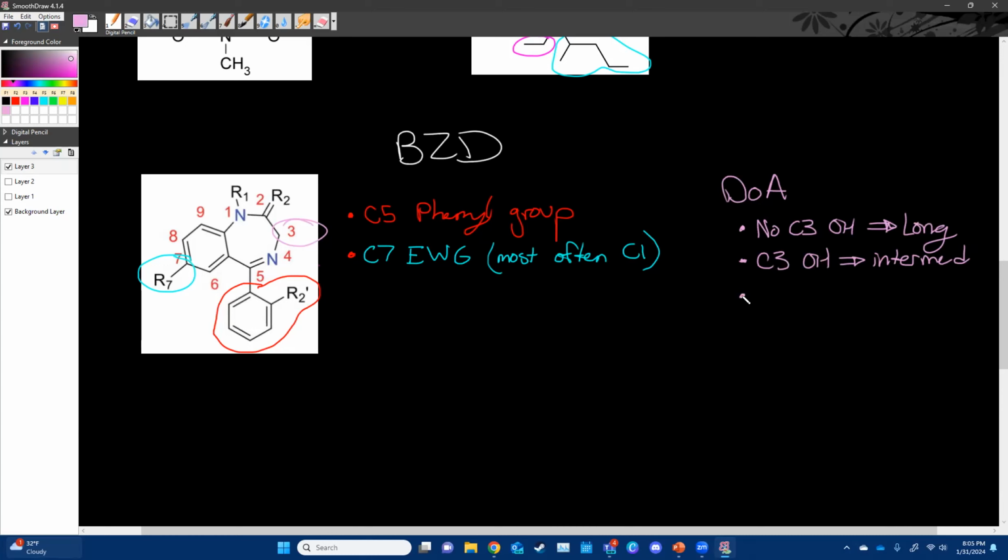And then on carbon 1 or carbon 2, if you have a methyl group, then you are considered short acting. And that's really the difference between these drugs.